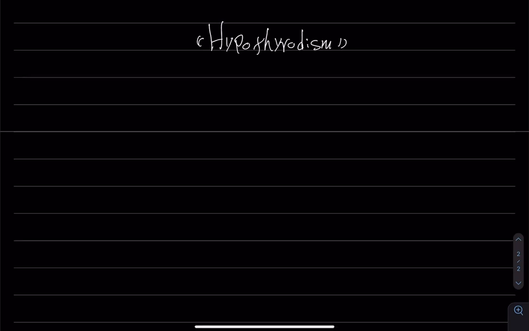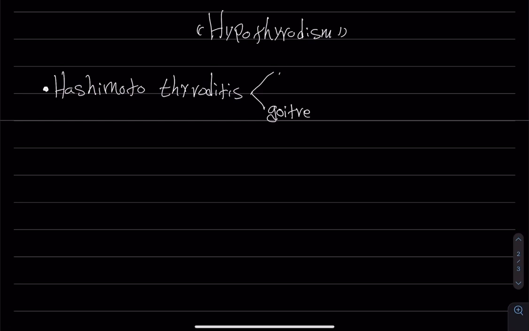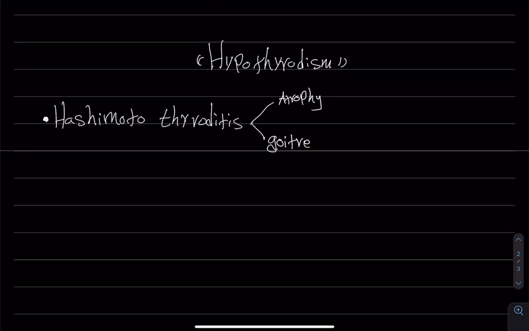Now what about if the thyroid couldn't do its job? What will happen? You guess it? Yeah, well done. Hypothyroidism. It's an easier subject. The most common cause for someone to develop hypothyroidism is called Hashimoto thyroiditis, which is again an autoimmune disease that causes fibrosis and atrophy or goiter in the thyroid gland, which is enlargement of the gland.